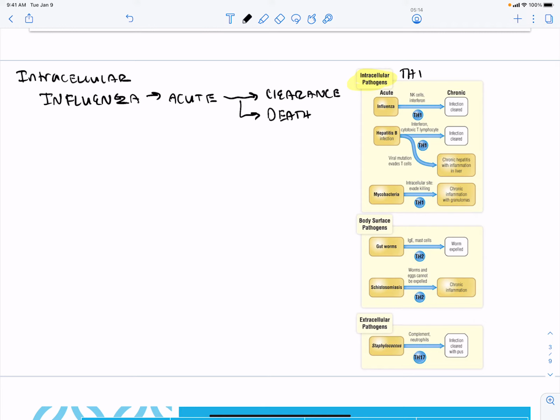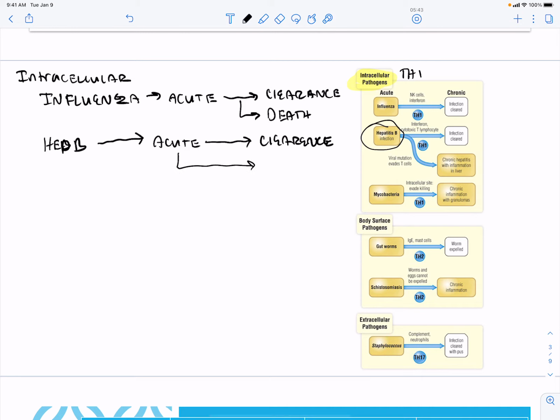Now, intracellular pathogens, another virus is going to be hepatitis B. So we have Hep B, and Hep B is going to have an acute phase. And with Hep B, you can get clearance, or you can get a chronic infection, or you can also die.